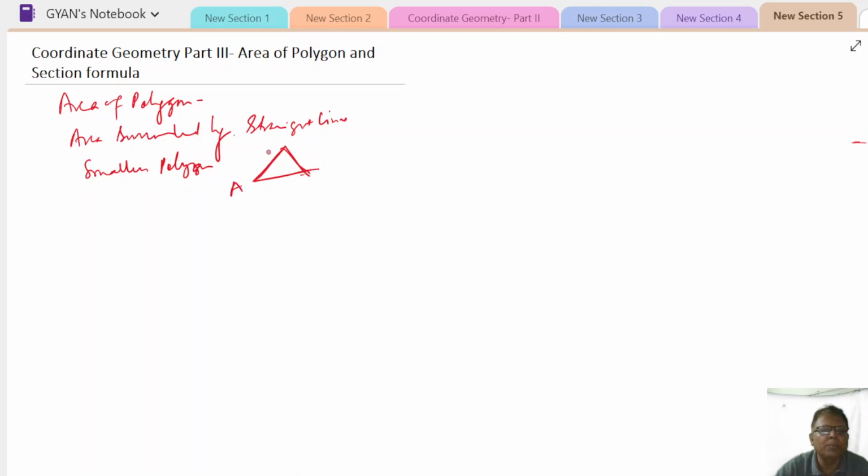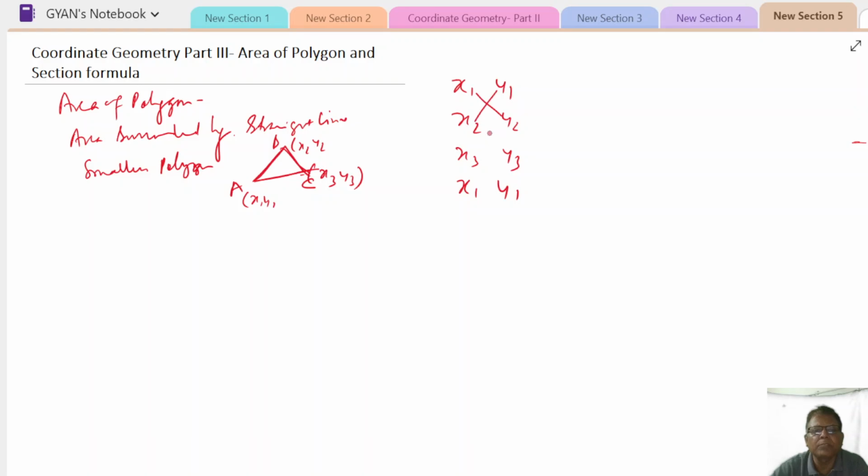So what is the area of this polygon ABC? Suppose this is x1 y1, this is x2 y2, and this one is x3 y3. You write in such a fashion: x1 y1, x2 y2, x3 y3, and then repeat x1 y1. Then take this minus this, this minus this, this minus this, half of this.